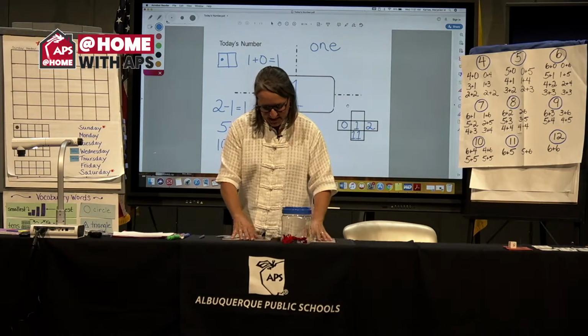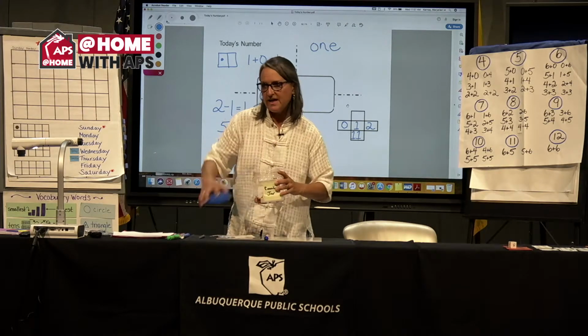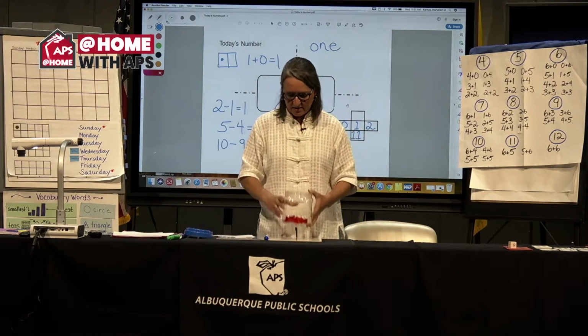All right, we're gonna get out our counting jar now. Today our counting jar has bows in it. So let's get these bows out and see how many we have.